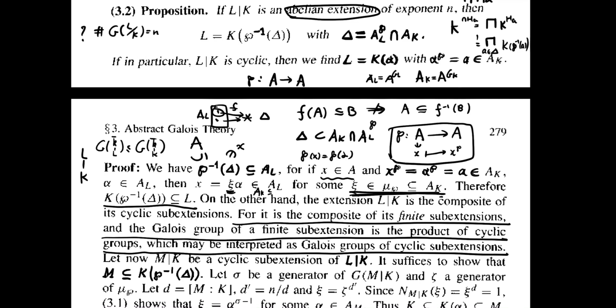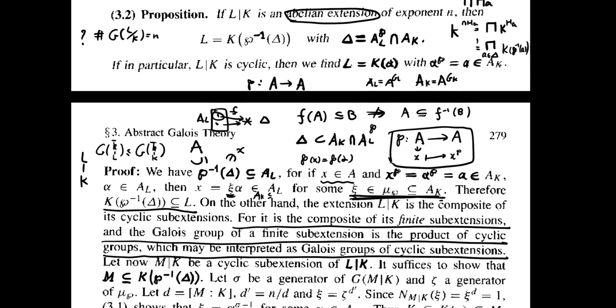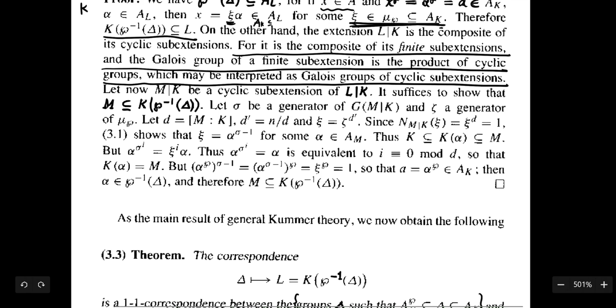For the exponent n, we think it's the dimension of the abelian extension. Actually, there is nothing to do with n for the result stated. It just says if it is an abelian extension of some finite exponent.